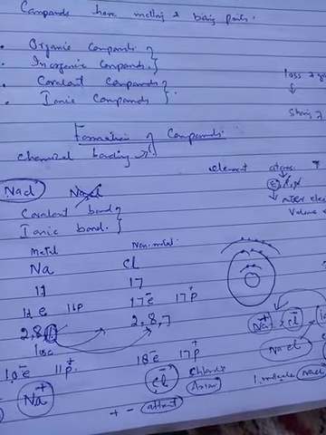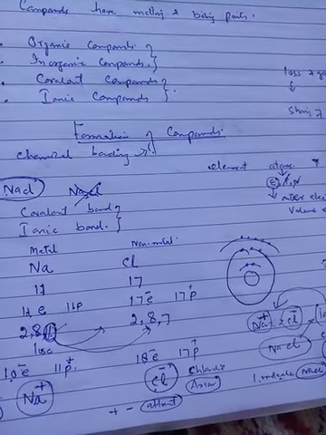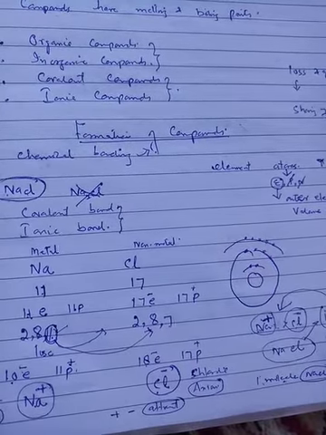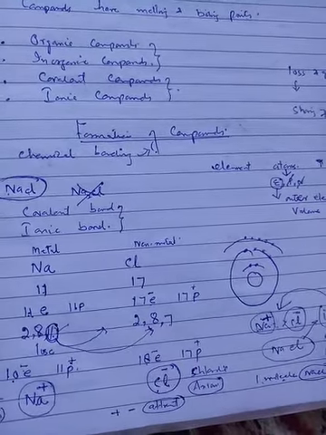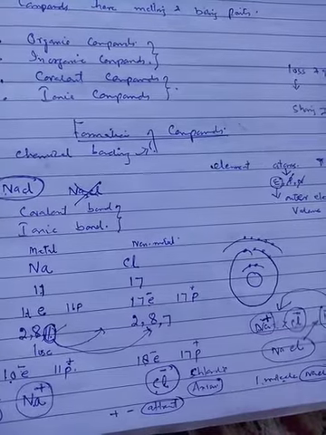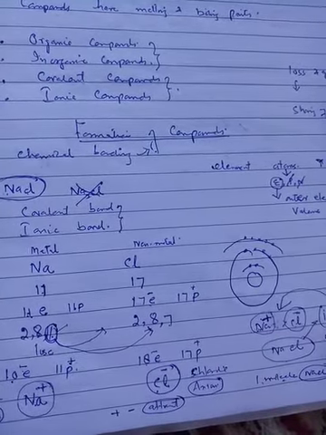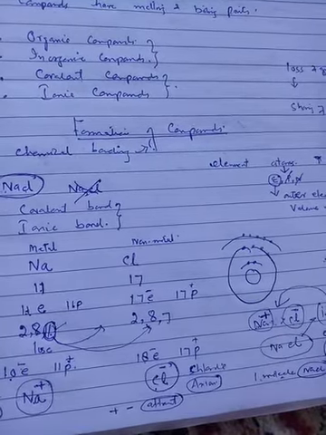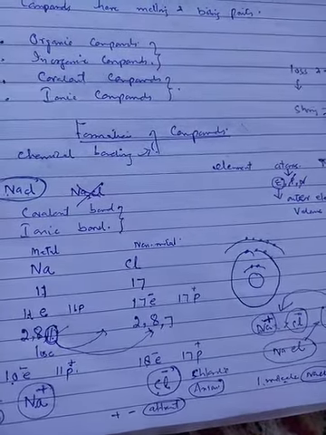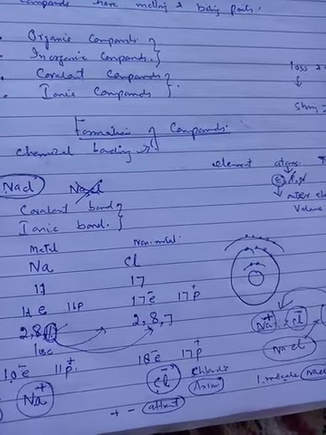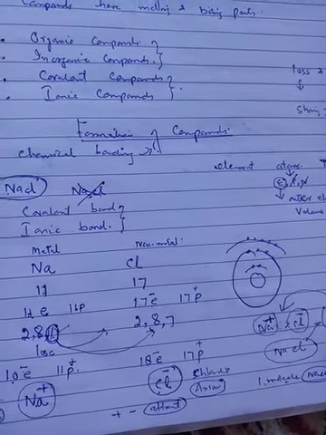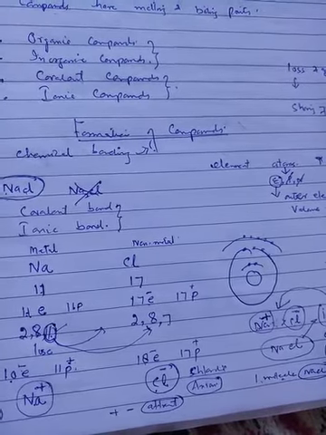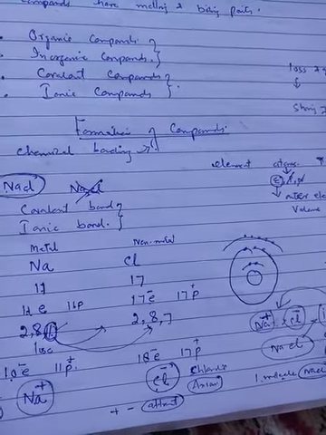If the force exists in covalent compounds, such a bond is called a covalent bond. And if the force of attraction between the different elements is in an ionic compound, ionic compounds are also called electrovalent compounds, such a bond is called an ionic bond. So the ionic bond is a very strong bond, and the covalent bond is a very weak bond.